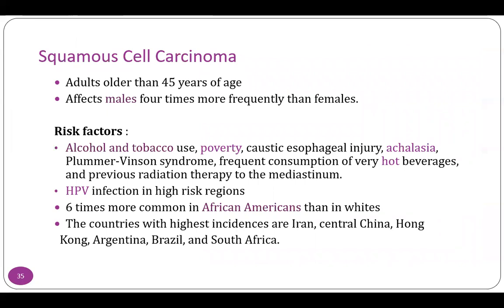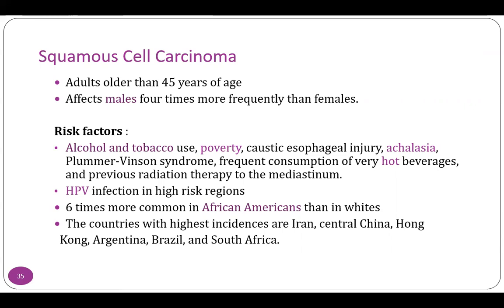Squamous cell carcinoma, as I said, of all age groups, usually above 50. Remember the key factor: it's common in blacks, and the location of the cancer is mid and upper esophagus, with squamous differentiation.